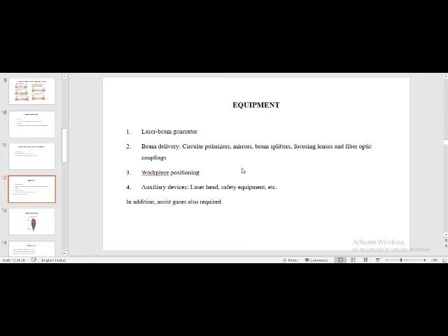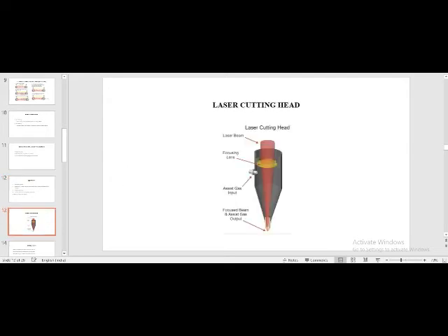Equipment: laser beam generator, beam delivery, circular polarized mirrors, beam splitter, focusing glasses, and fiber optic coupling. These are the things which generate and deliver the laser beam generated by a laser source. Also: workpiece positioning, auxiliary devices, laser head, and safety equipment.